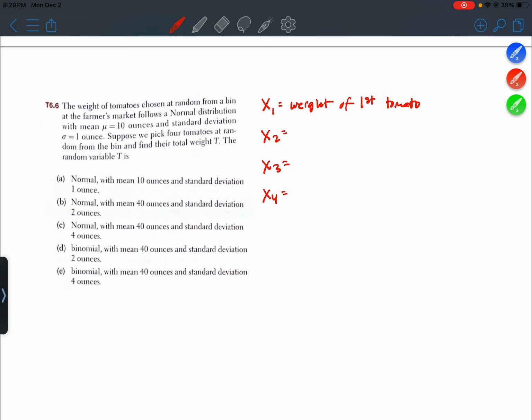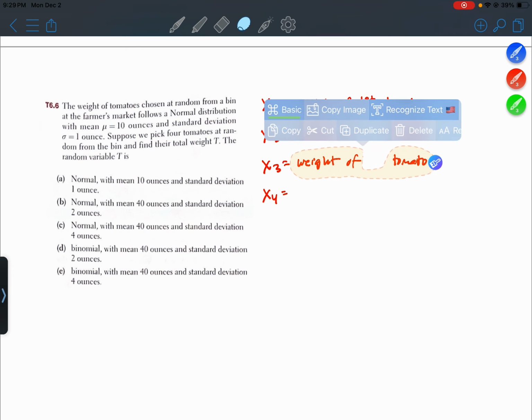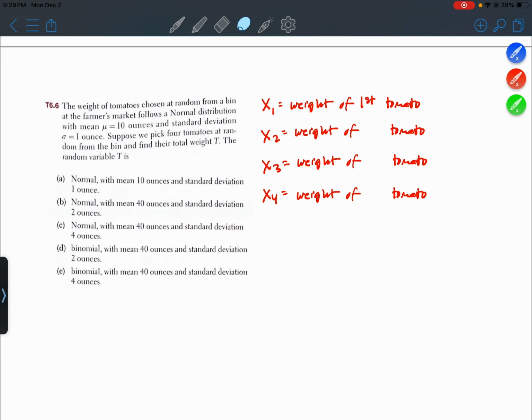And X4 will be the weight of the fourth tomato. Okay, so I have 4 random variables because each tomato is going to have a different weight, and that weight is going to be random.